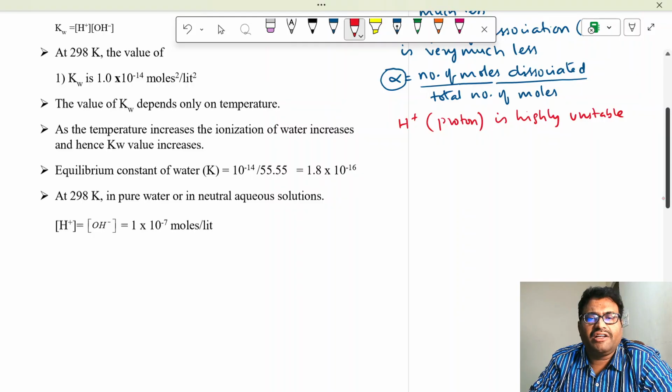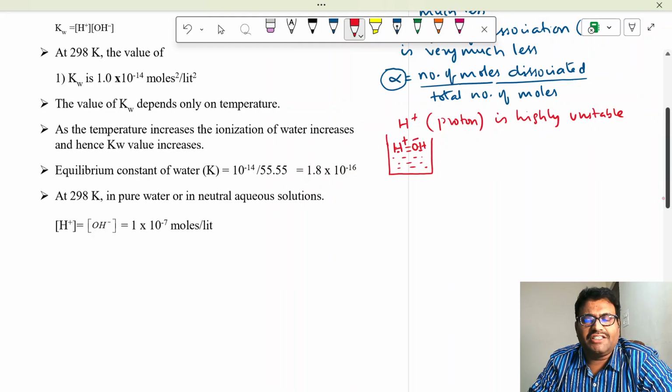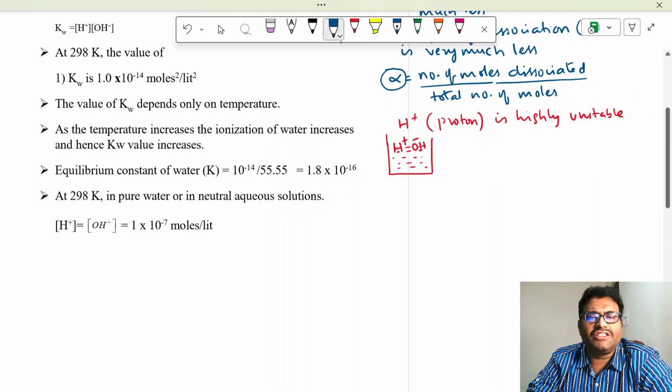So here water is there. One molecule of water dissociates into H plus and OH minus. Around this H plus, water is also present.